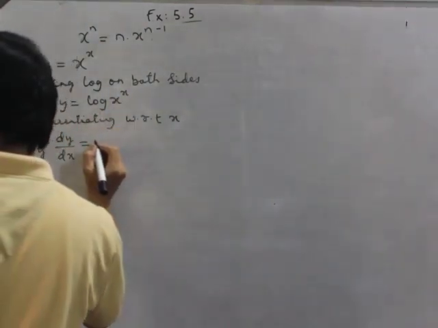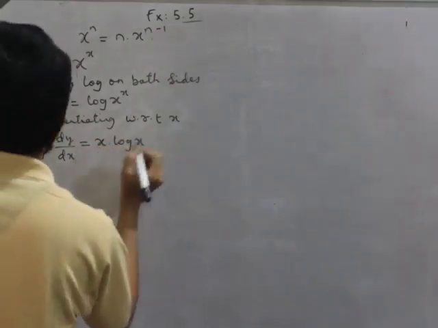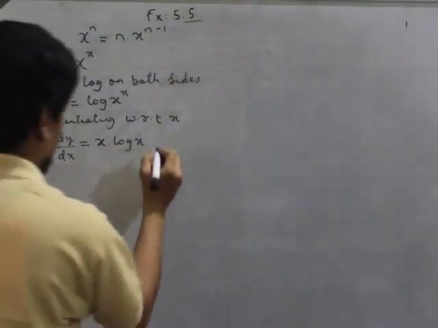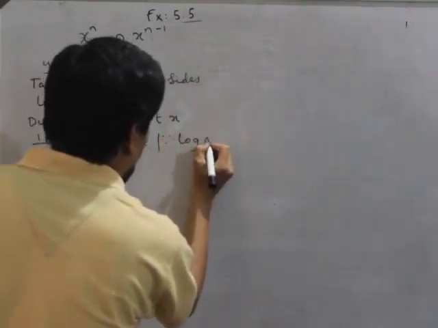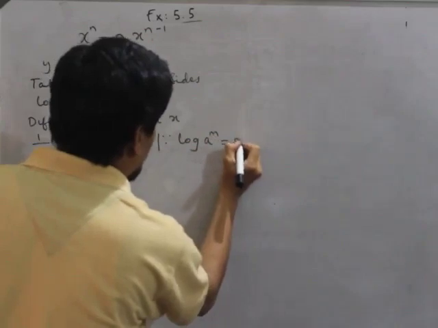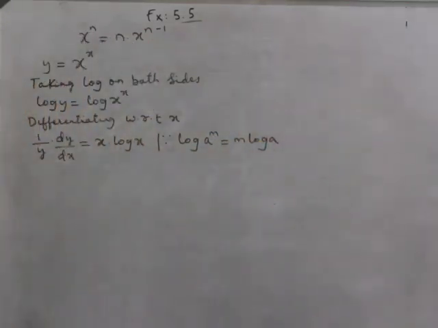So according to that, we can write x log x. How will you justify this? Because log of a to the power of m is equal to m log a.